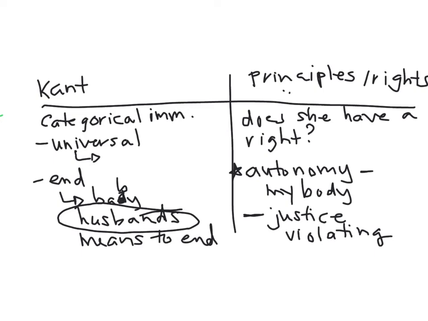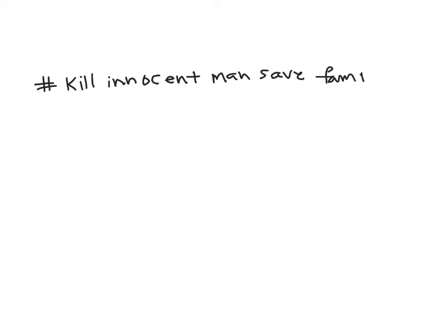Now let's take a look at the other option. All right, so the second option was that you kill an innocent person to save your family. So I think it's pretty easy with Kant, right? What would he say? No way, right? So for Kant, it's pretty easy to see that he would say no because it violates the categorical imperative.